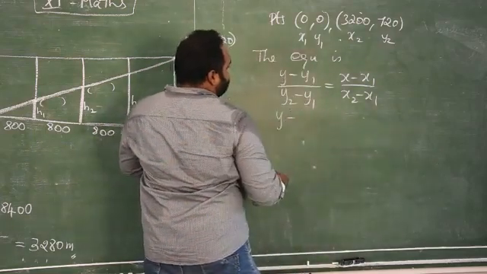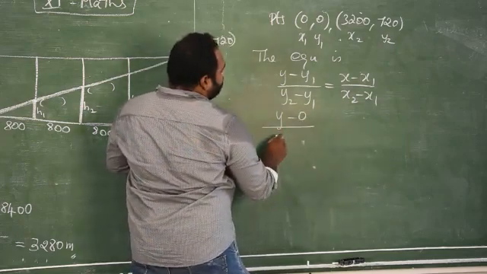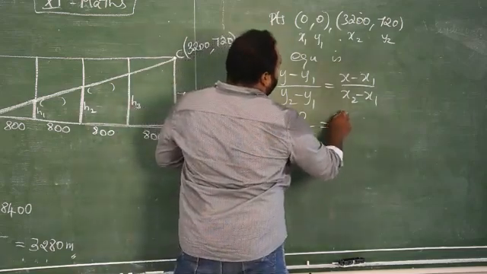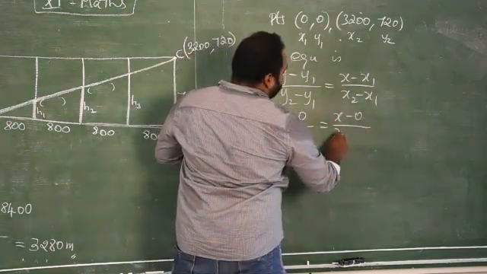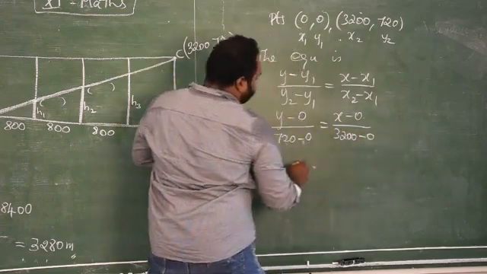Now apply the values here. y minus 0 by 720 minus 0 equal to x minus 0 by 3200 minus 0. So cross multiply.